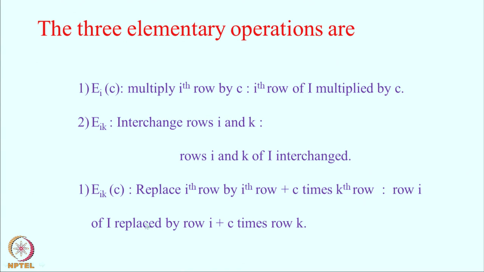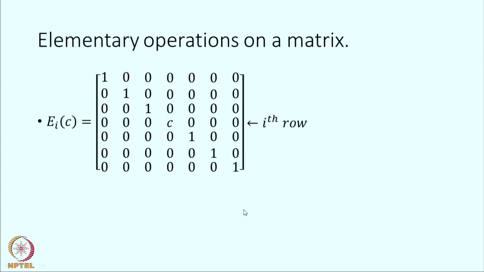To do that, I take the identity matrix and replace it such that C times row k is added to row I. I will give you examples. So, let us now consider the example here. What is E_i(C)?